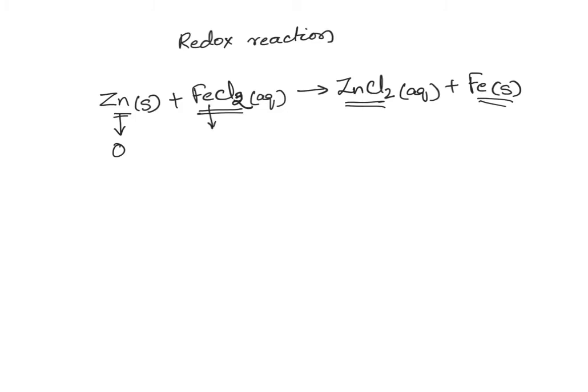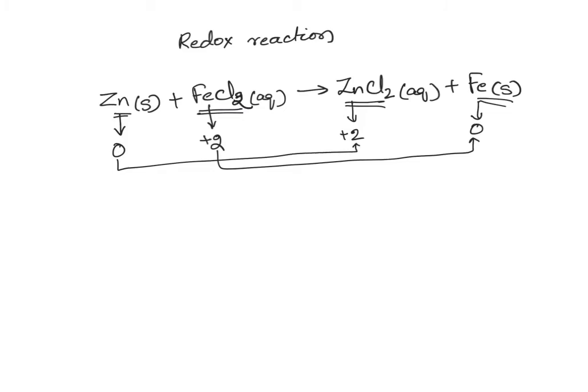Oxidation number of iron is plus 2. Oxidation number of zinc is plus 2. Oxidation number of iron is 0. So iron goes from plus 2 to 0, zinc from 0 to plus 2. So there is an increase in oxidation number, and there is a decrease in oxidation number.